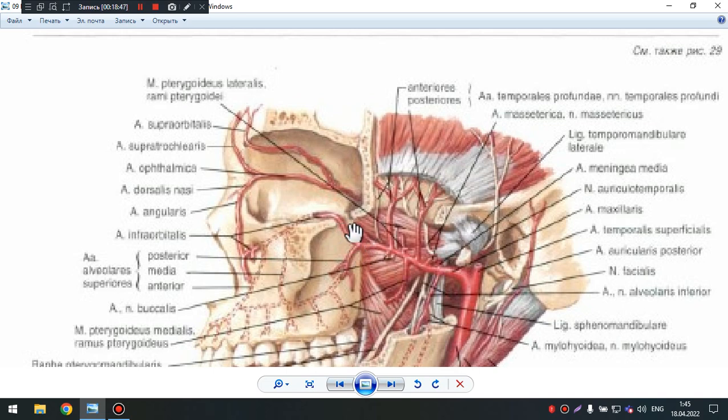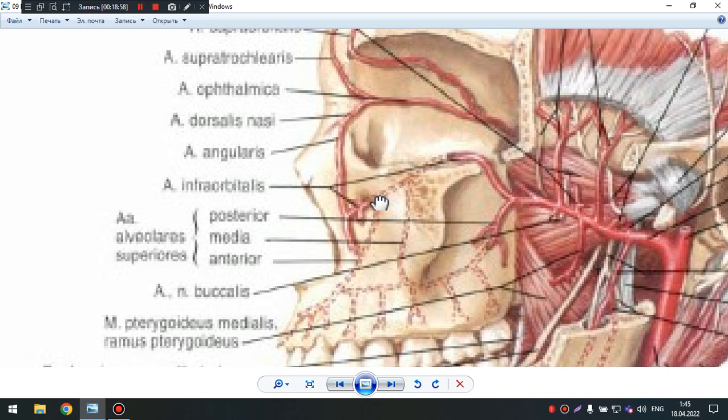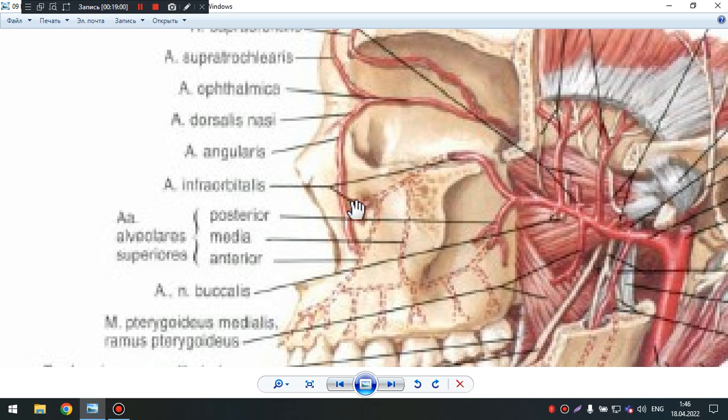The infraorbital artery, through the inferior orbital fissure, directs into the orbital cavity, lies on the infraorbital groove and into the infraorbital canal, and exits on the infraorbital opening.